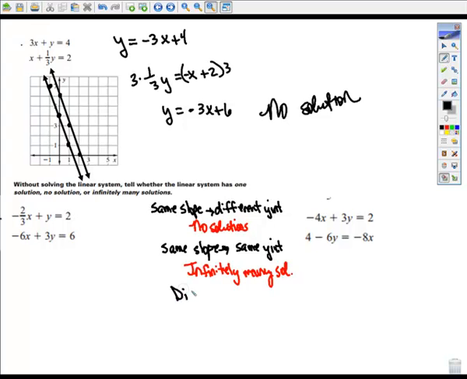If they just have different slopes, doesn't matter about the y-intercepts, then they have one solution.